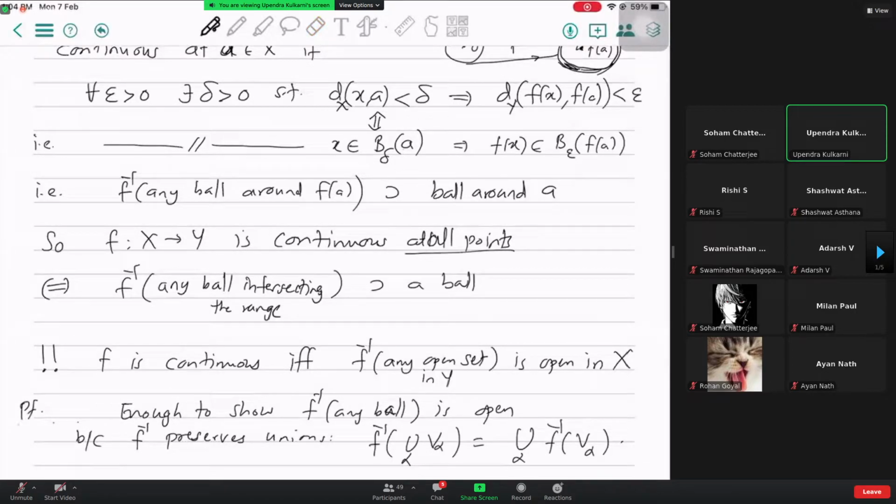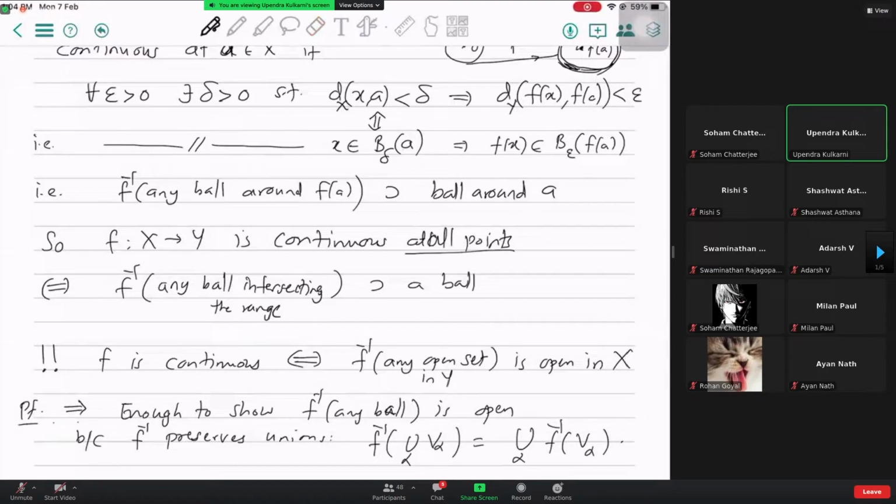So, proof: there are two directions to prove, and I'm showing the forward direction. I'm assuming that the function is continuous. I want to show that the inverse image of any open set is open, but any open set is a union of balls.